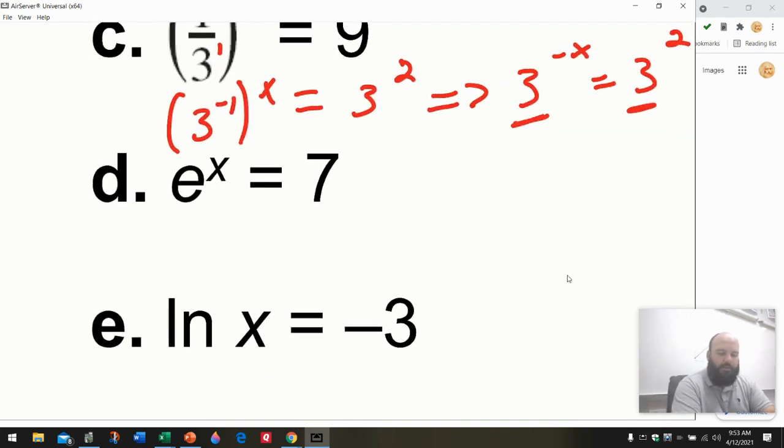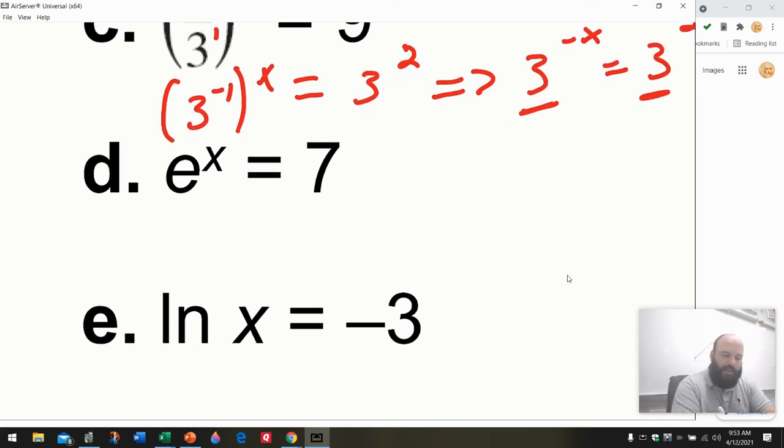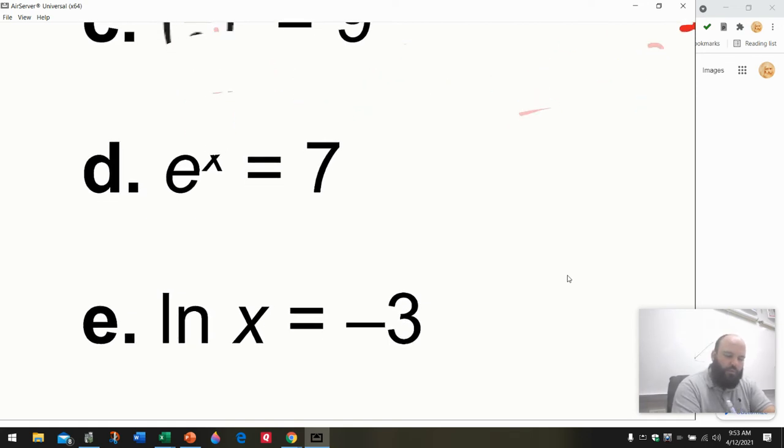I would say the most straightforward way for part D is to think about the very first log rule that we talked about in 5.2, which is how to convert from a logarithmic equation into an exponential equation and vice versa.